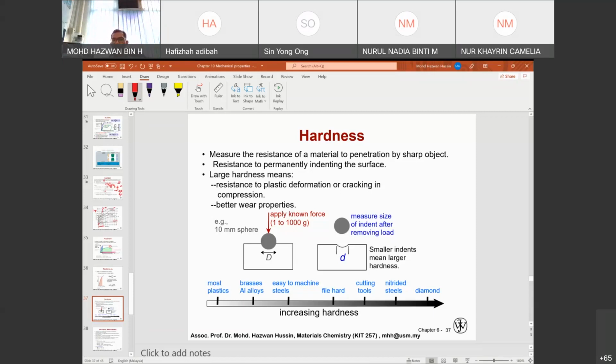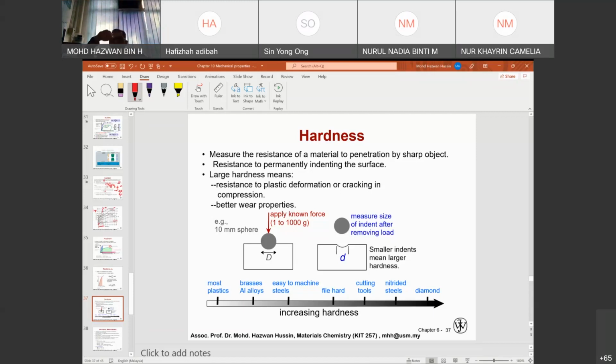So if the material is quite hard, then what will happen is that the sharp object is very difficult to penetrate. Okay, if it is like rubber, plastic, you can see that it penetrates, and it needs certain time to go through.